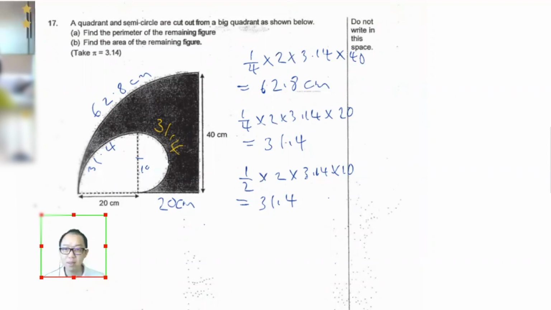Okay, so 31.4. Okay, now we add everything because we need to find the perimeter. Okay, so let's use our calculators. 62.8 plus 40 plus 20 plus 31.4 plus 31.4.